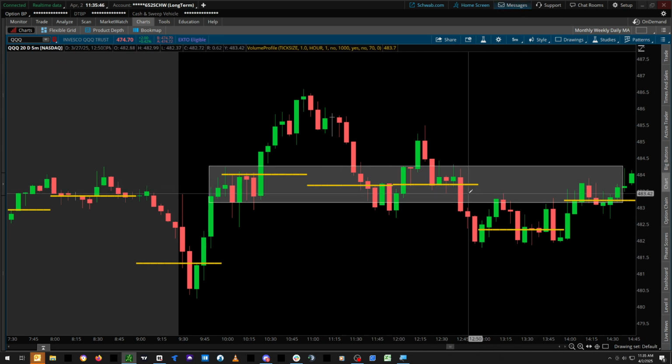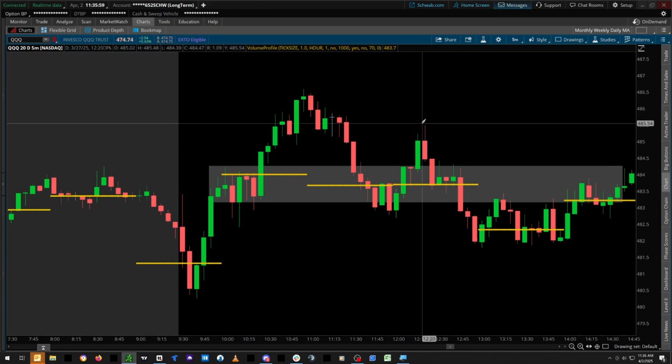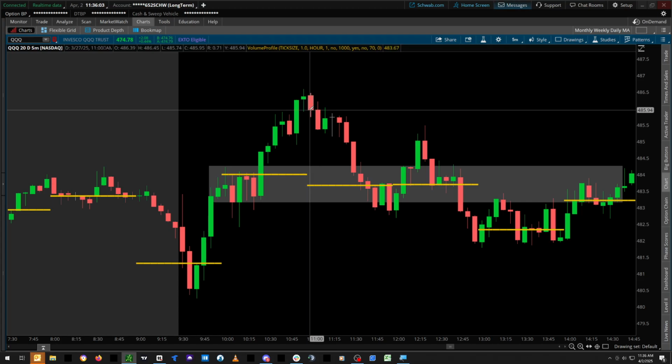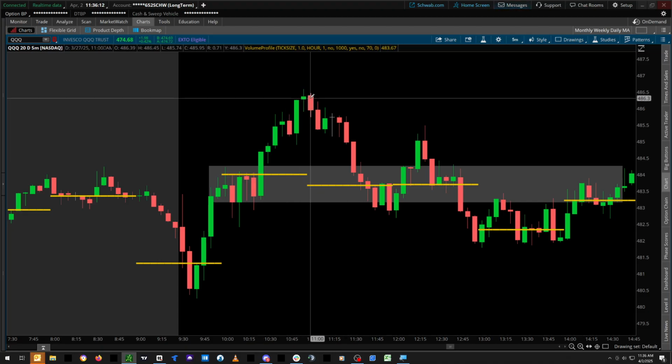Why? Because they like this range right here until news or something like that happens and kicks them out, and it moves because of news. Does that make sense to everybody? We don't see any point of control up here. Why? Because they ran up, they grabbed liquidity, but they could not hold it. Otherwise, there'd be a price bar up here.